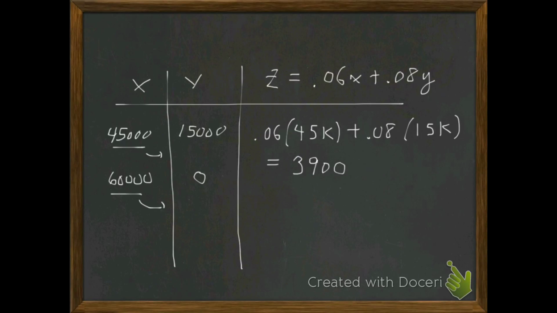Now if I put 60,000, I put all of it in the first one. Your mental math can already tell you that it's going to be less, but if not, just go ahead and type it in there and make it happen. So it's going to be 36,000. How about 3,600?